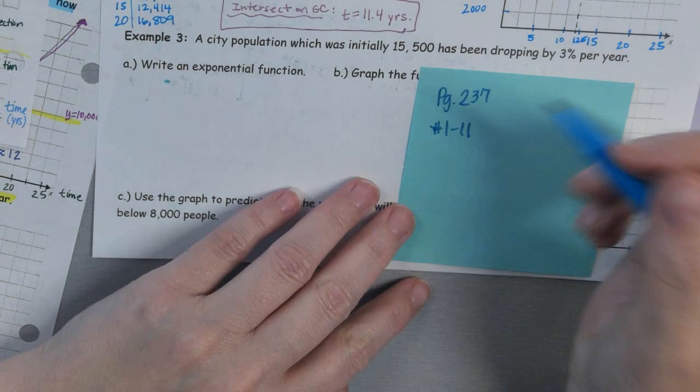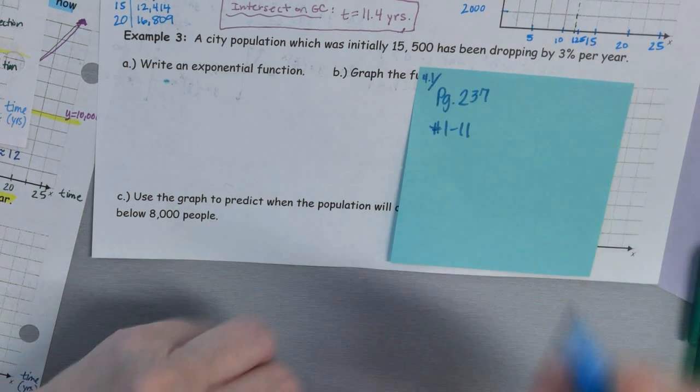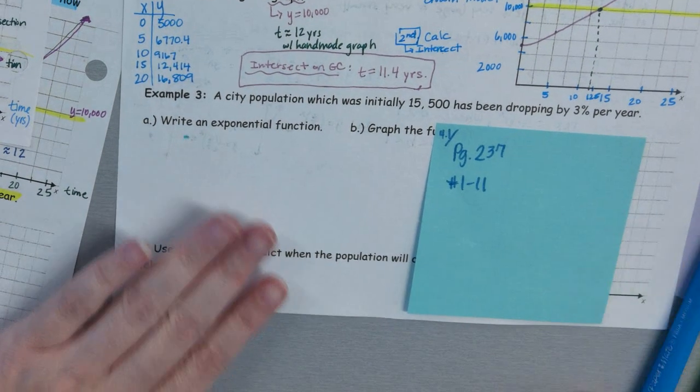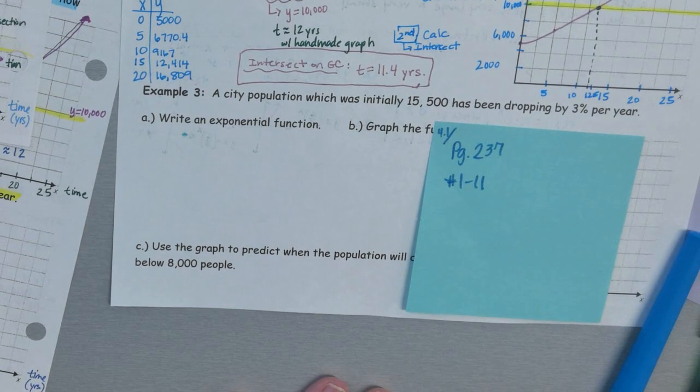Okay, and you'll still be able to do that. This is section 4.1. Okay, and the best thing that you can do to prepare for your assessments is doing that homework. And then by the end of 5th hour today, there will be a spot for you to submit.